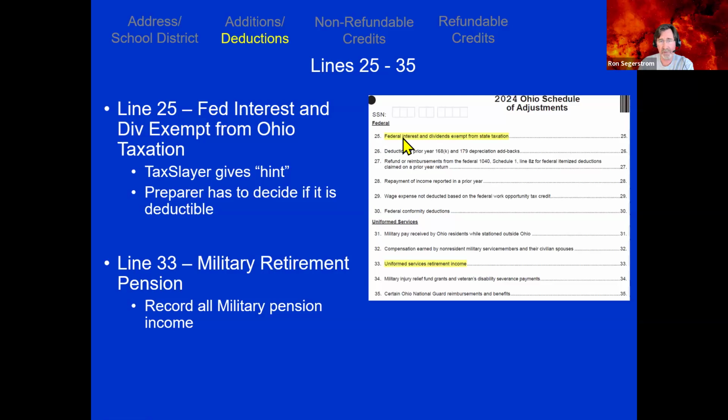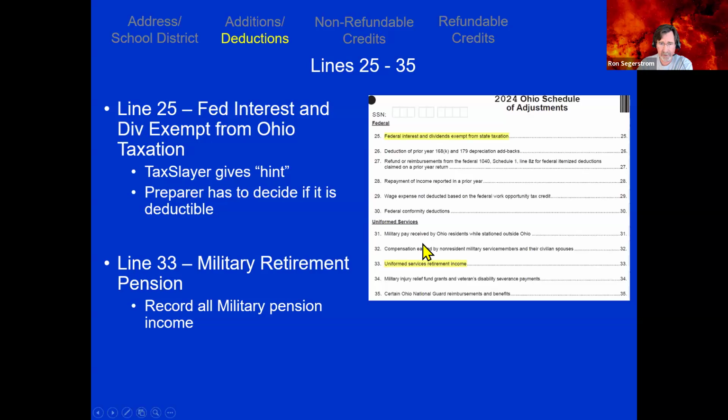And essentially it's federal interest and dividends that are exempt from state, like what would it be? Bonds, government bonds, things like that. This came up kind of recently. Military retirement pensions, line 33, that is fully deductible in the state of Ohio. Ohio does not tax military retirement pensions.